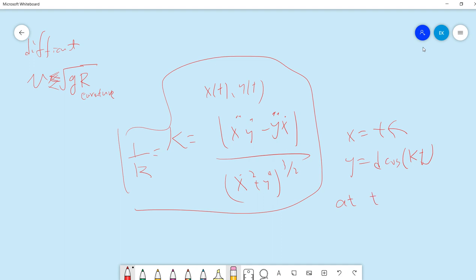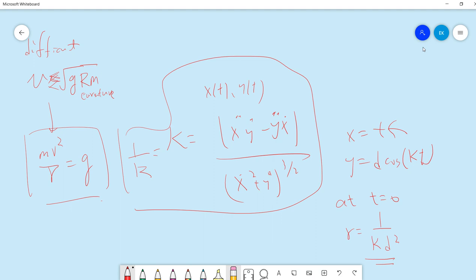Then you can find at t equals 0, you can get r is 1 over kd squared. Then you plug in, and you can get the answer is d. Oh, this is mgr, sorry, and this comes from this, right?